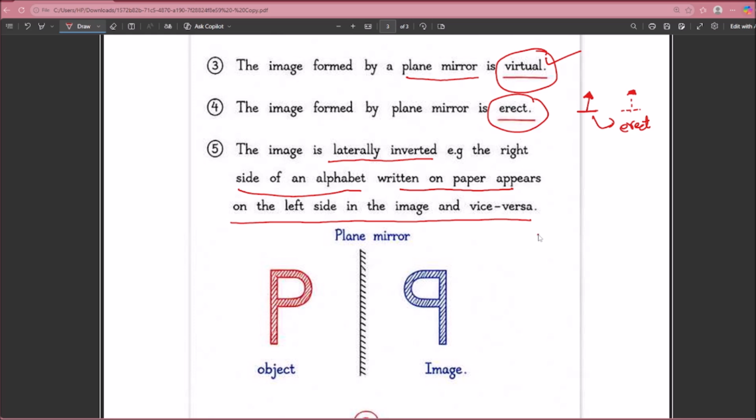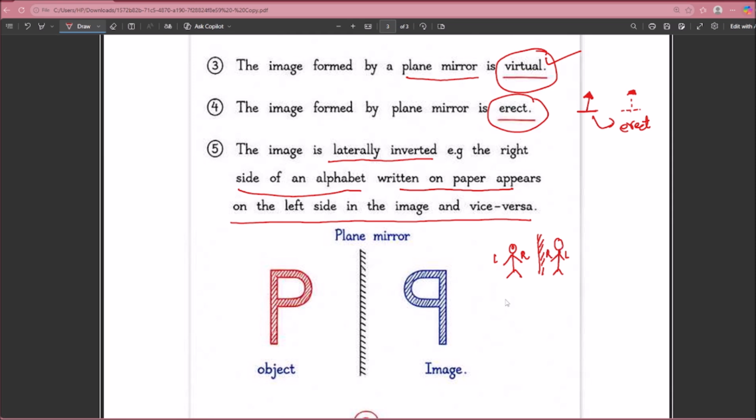Also, if a man stands in front of a plane mirror, his right hand and left hand appear swapped in the image: this is right and this is left. So this is lateral inversion in the plane mirror.